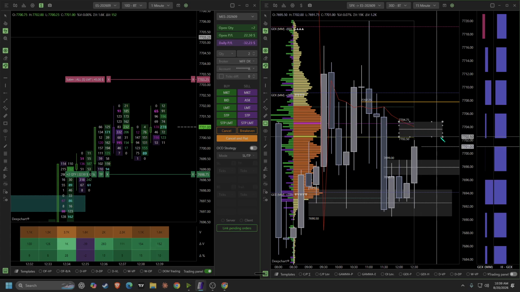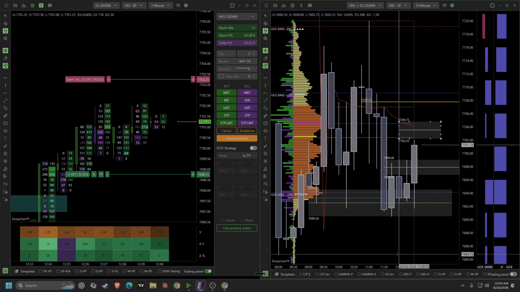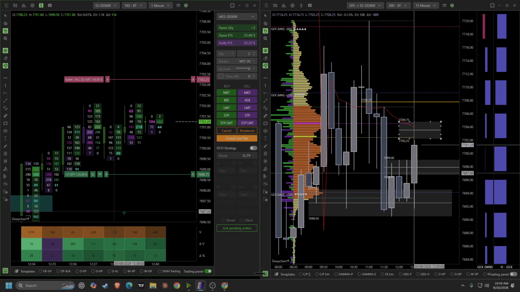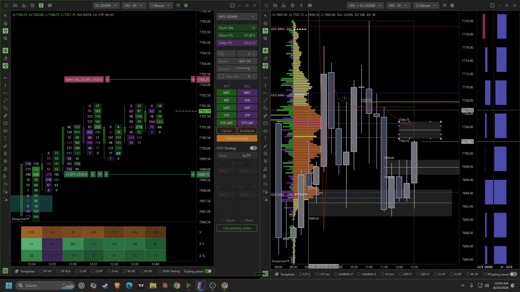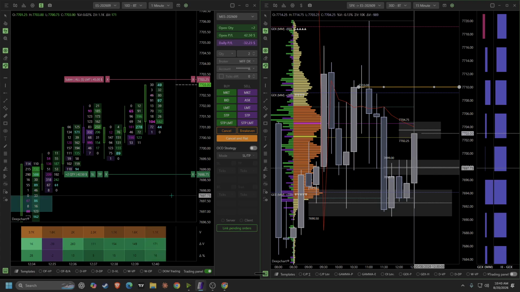So this right here is where the fight is. And another target could be this 77.10 level.